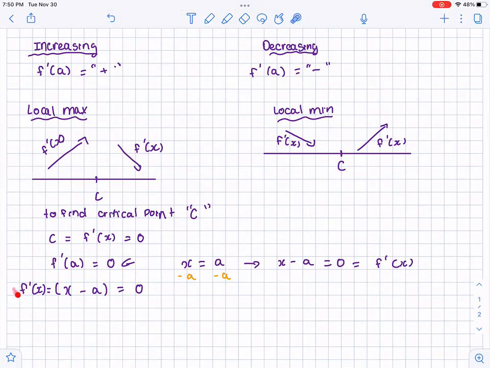So we can say that the derivative is equal to 0. Now, since you have the derivative, you can think, okay, once you have f prime of x is equal to x minus a, which function can you think of that, when you take the derivative, you get x minus a?